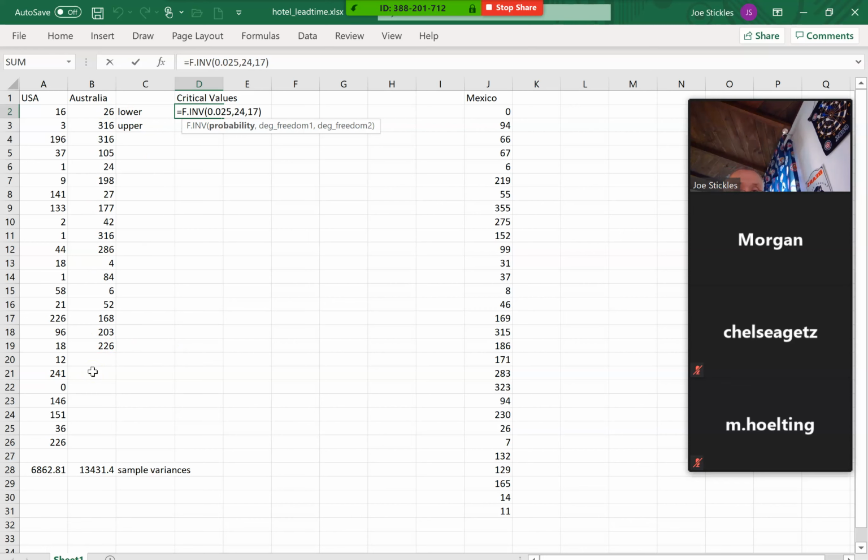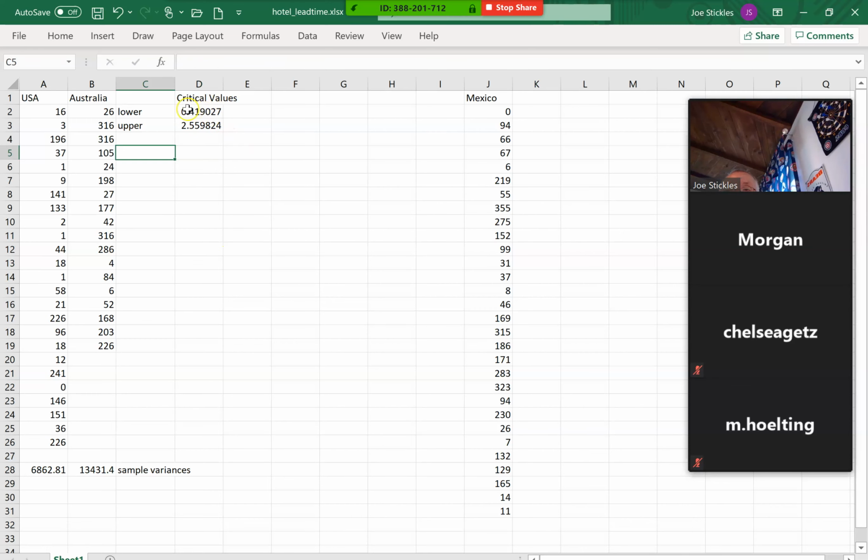Yep. Okay. And the only difference between that and this one is that I'm looking for the right value, the upper tail versus the lower tail. So that's why I've got the .RT, but the arguments are the same for the function. Since this is a two-tailed test, we're going to compute our test statistic.